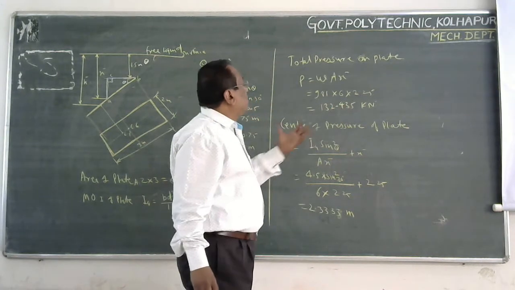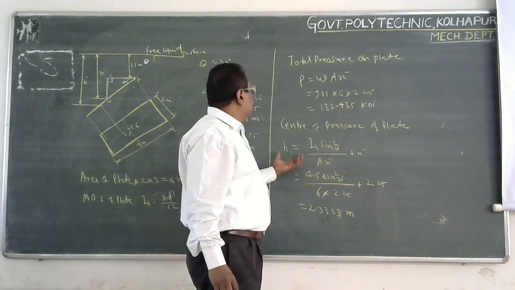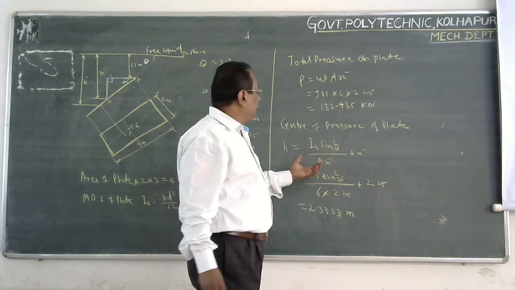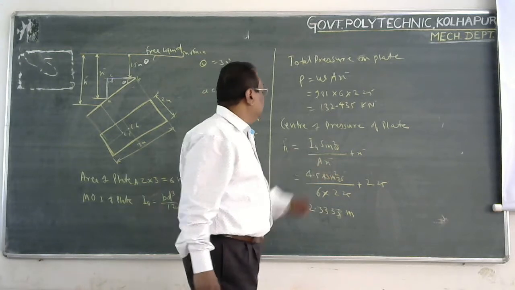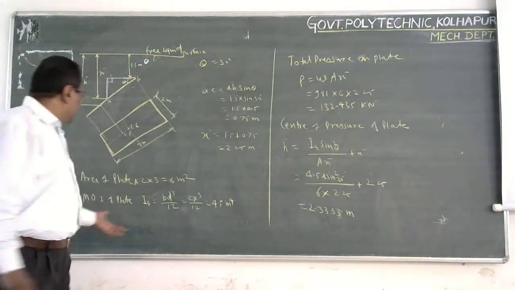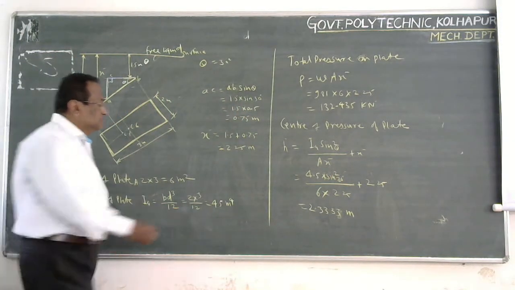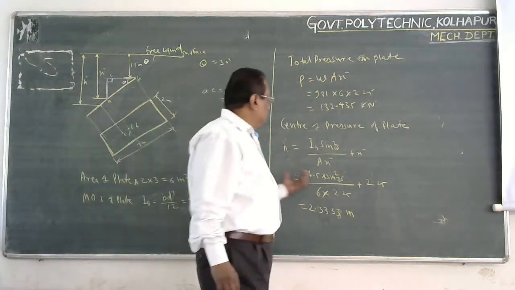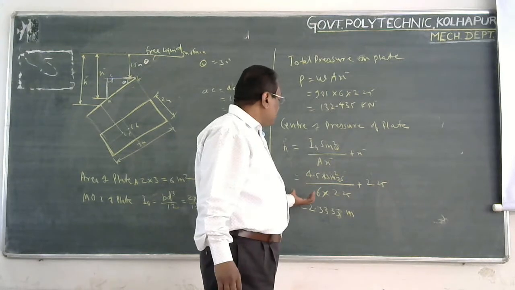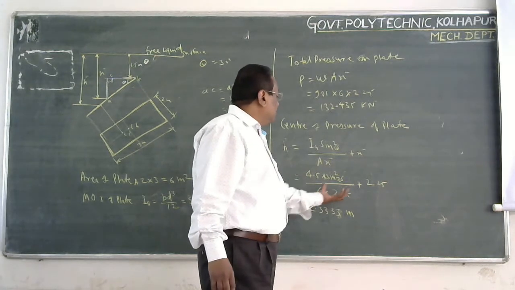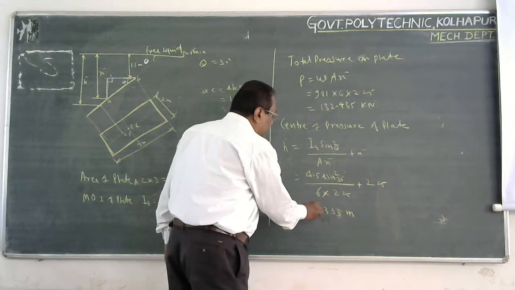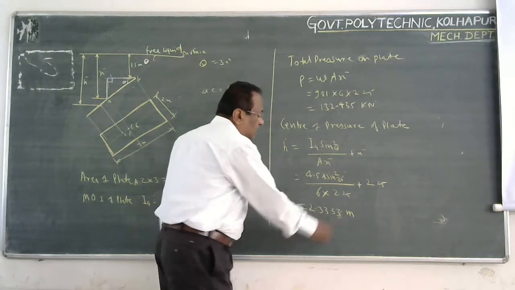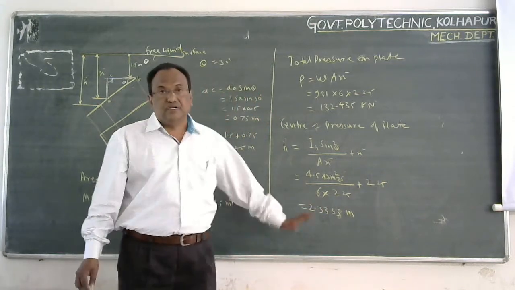Now, the center of pressure of the plate is given by the formula h bar is equal to Ig sin square theta divided by A x bar plus x bar. Ig we have calculated already, which is 4.5 meter raised to 4. Put it here. After putting all the values and calculating, we get the center of pressure as 2.3333 meters.